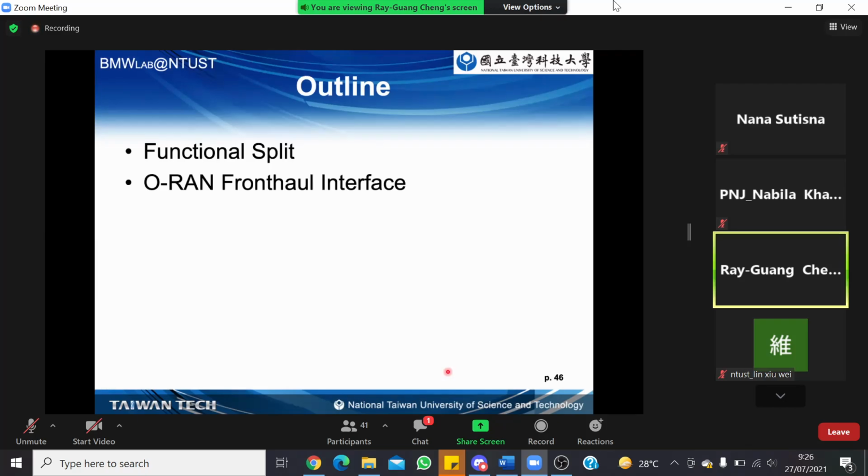The outline is we will split into 2 parts. The first part is functional split. Actually, for this part, we already briefly summarized in the first day afternoon course when we were talking about the ORAN alliance. But we will show you more detail here today. Second part is ORAN Fronthaul interface. So let's check it one by one.